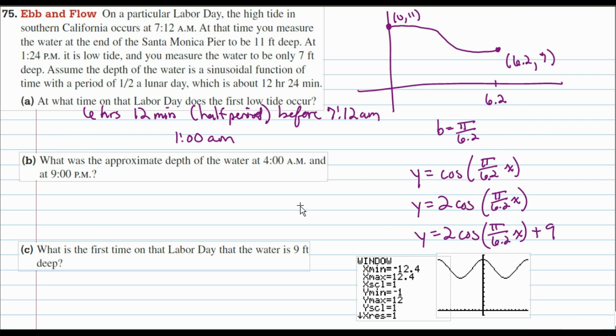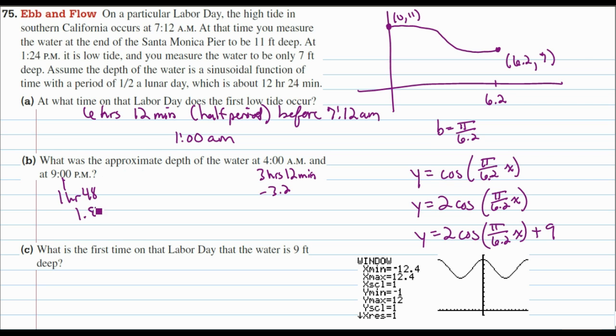Part B asks, what was the approximate depth of the water at 4 a.m. and 9 p.m.? Well, 4 a.m. is going to be before 7:12 a.m. Specifically, that's going to be, let's see, 3 hours and 12 minutes before, which is negative 3.2 hours, 3 hours and 12 minutes ahead of time. 9 p.m. is going to be an hour and 48 minutes after, so that's going to be 1.8 hours after.